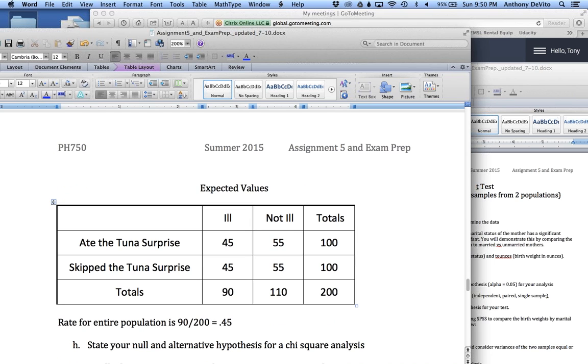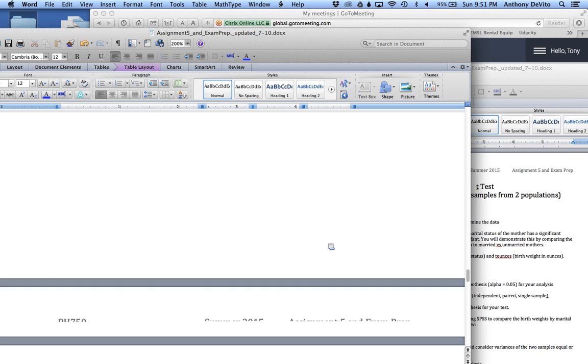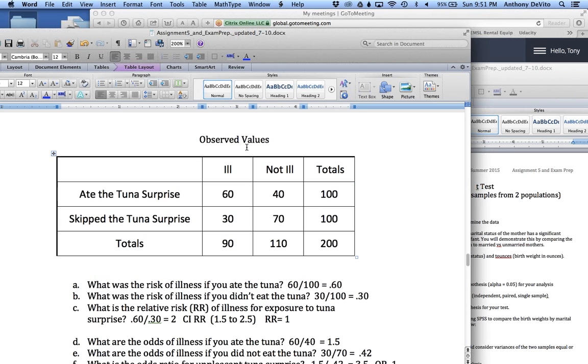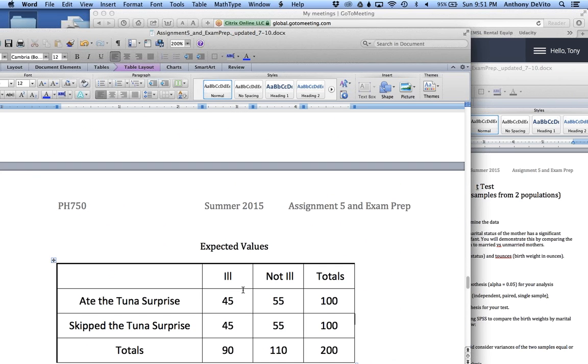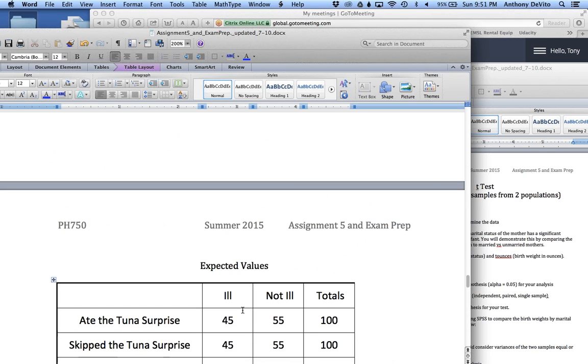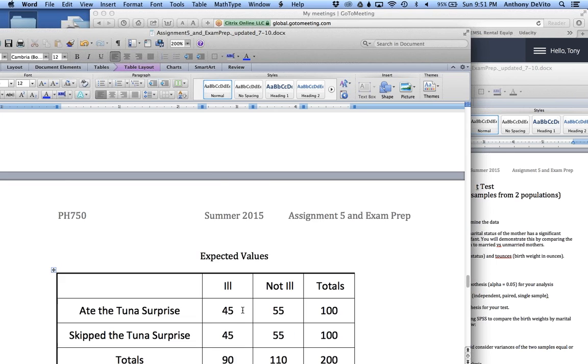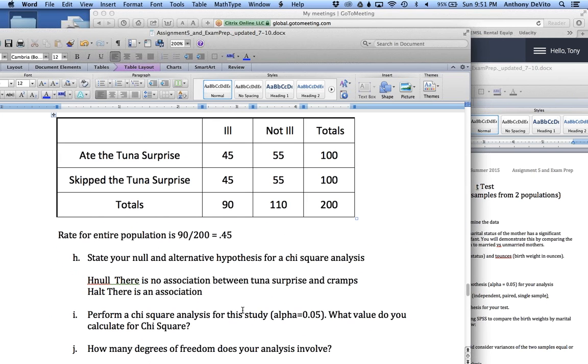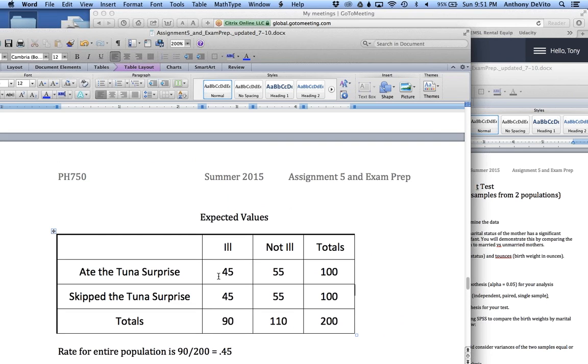Okay, so what many people do with a 2 by 2 table is they do something called a Yates or continuity correction. What they do is they take the difference, 60 minus 45, and they also subtract 1/2 from that, right? So instead of being 15, it's 14.5. They square the 14.5 and then put that over 45. So it makes it a slightly smaller number.